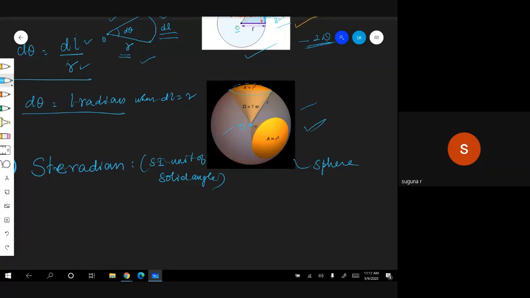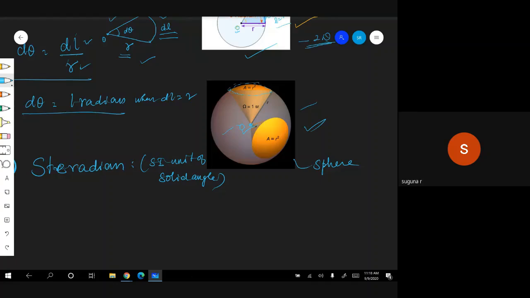Therefore, what is steradian? 1 steradian is the angle subtended at the center of the sphere by a surface of the sphere.